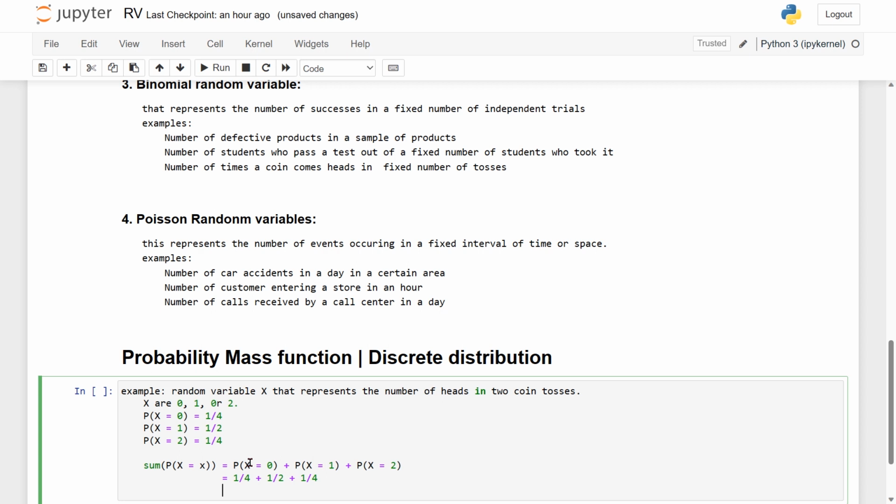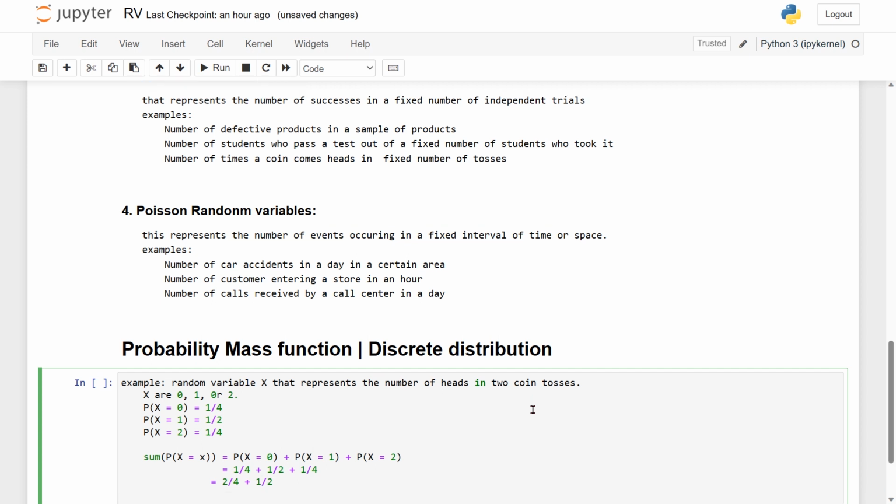So it's 2 by 4 plus 1 divided by 2. 2 by 4 is again 1 divided by 2, plus 1 divided by 2.